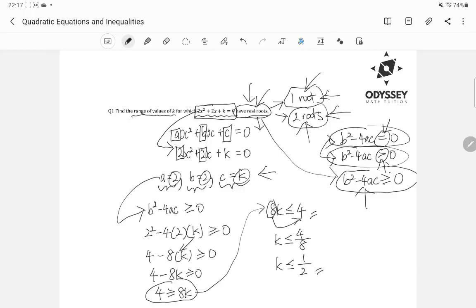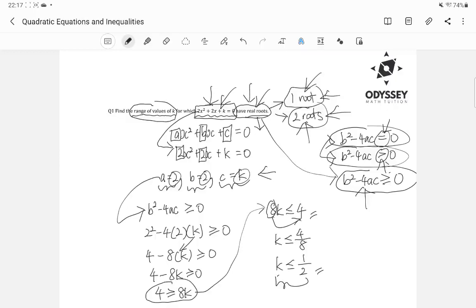So there we have our answer. The range of values of k for which the quadratic equation 2x squared plus 2x plus k equals 0 has real roots is k less than or equal to 1 over 2. And we are done with this question.